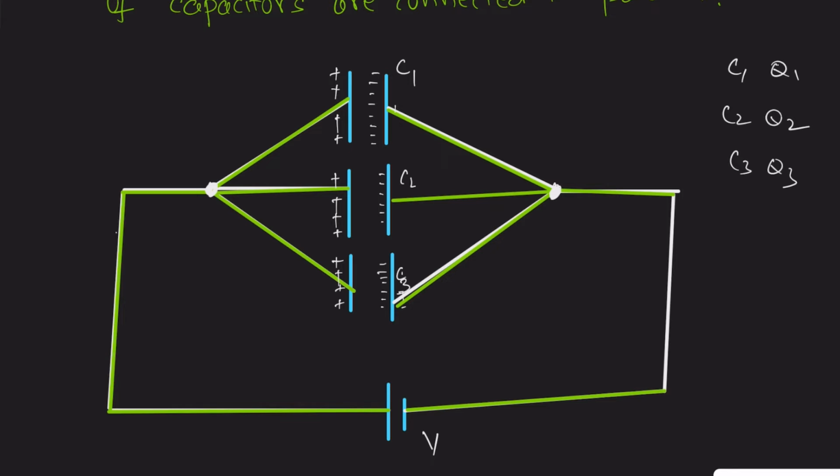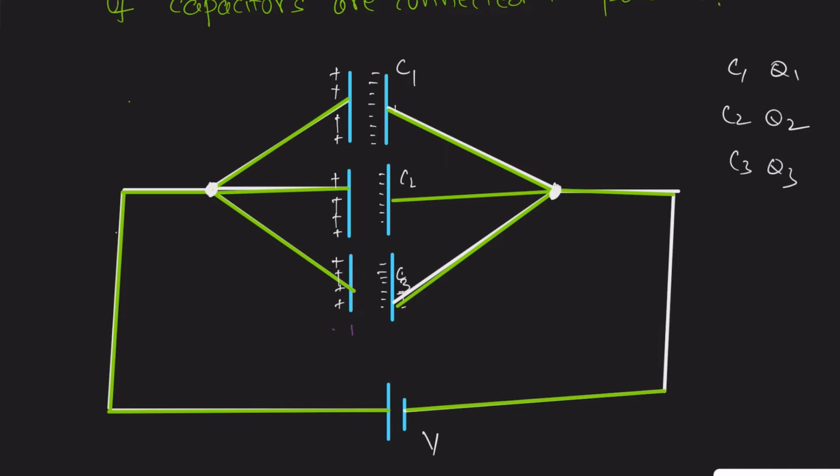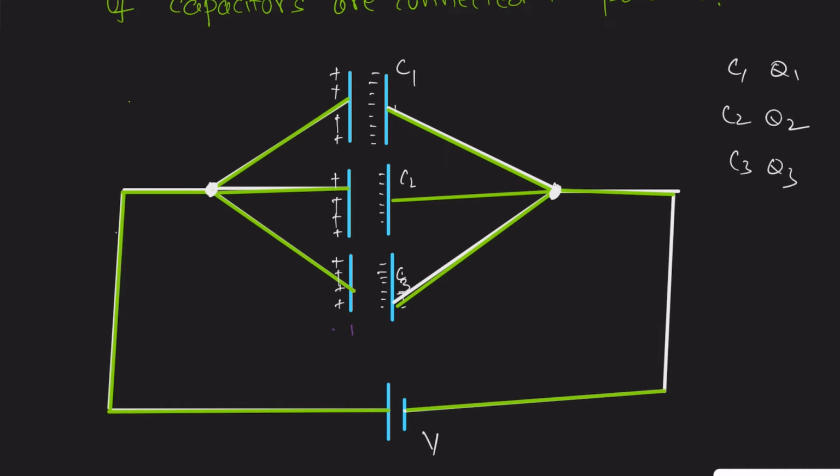To understand how potential is divided along the capacitors connected in parallel, there are 3 circuits. One circuit is along C3, the second circuit is along C2, the third circuit is along C1.